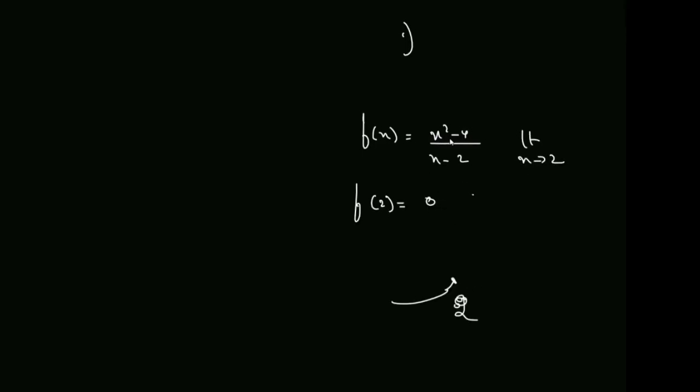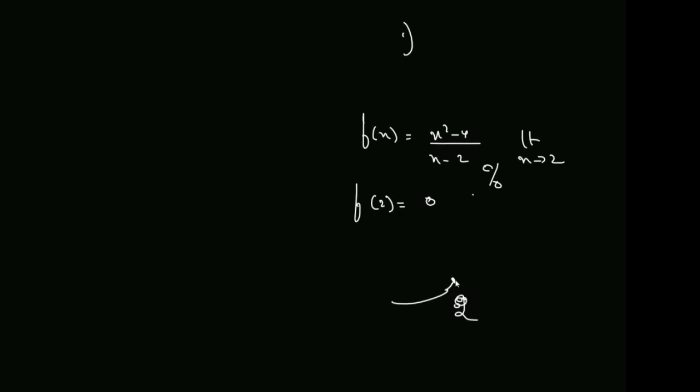For example, you take a function, this function we took x square minus 4 by x minus 2, find limit x tends to 2. Now at 2 the function is not defined, because you substitute at 2, 4 minus 4, 0 by 0, indeterminate form.